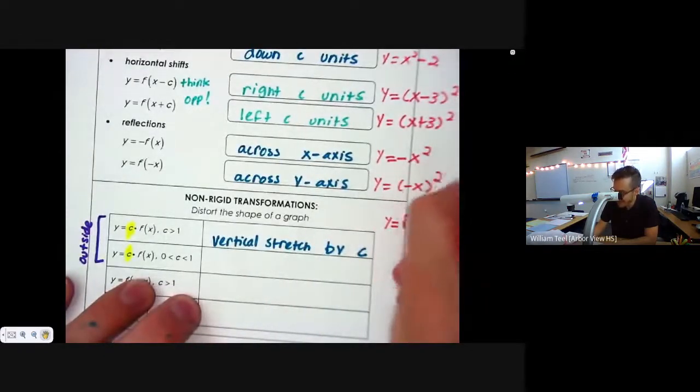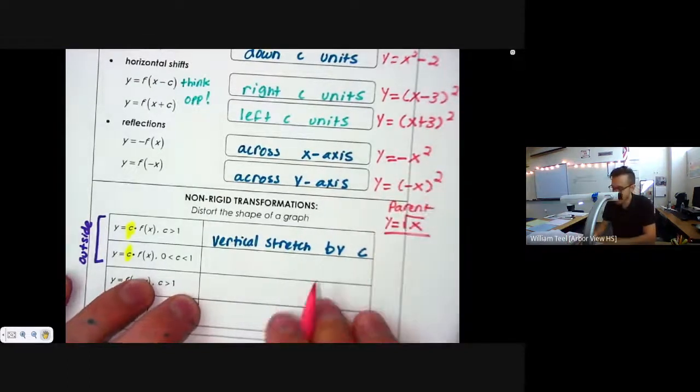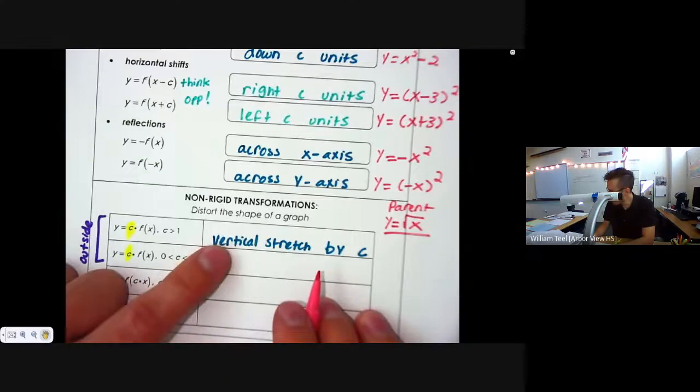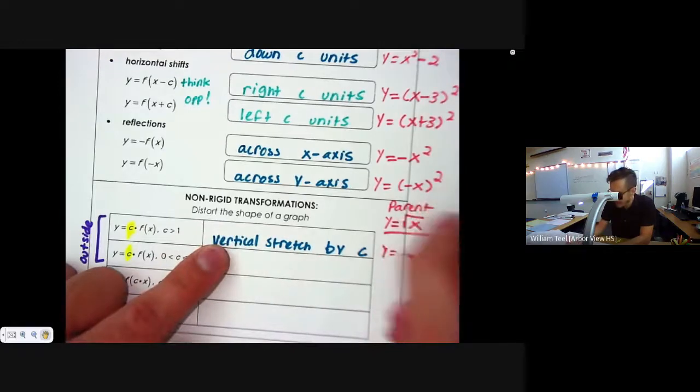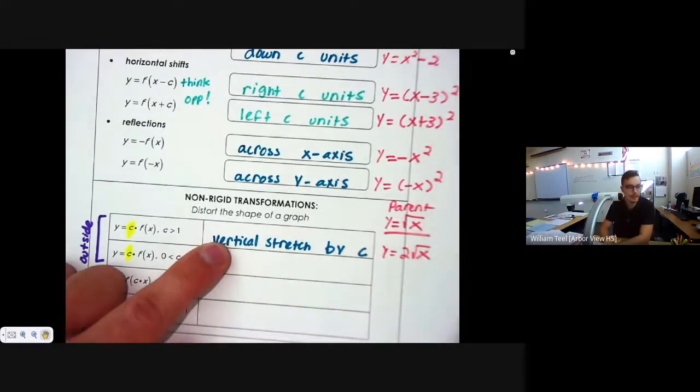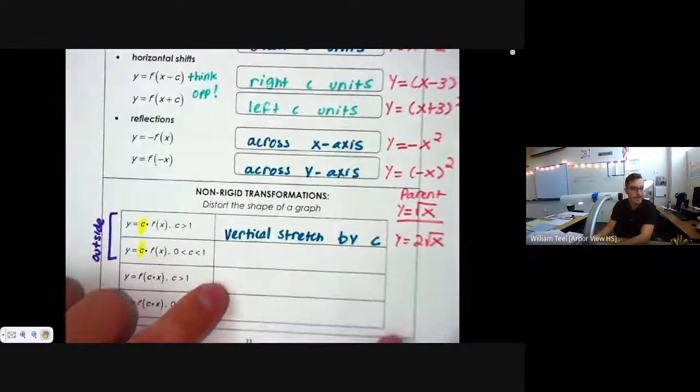If we're looking at a real example, let's say our parent function is y equals square root of x. This is my parent. And if I am making a vertical stretch by c, and again, c is going to be a positive number that is not a fraction, that is going to be y equals, for example, 2 square root x. That's an example of a vertical stretch.